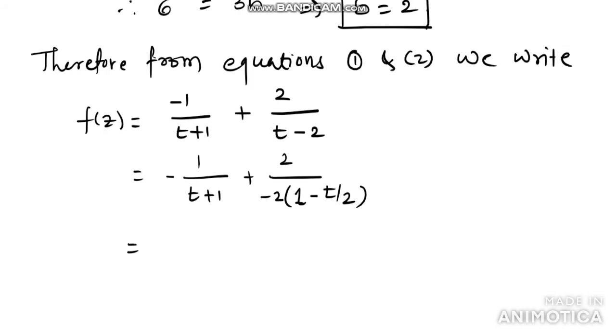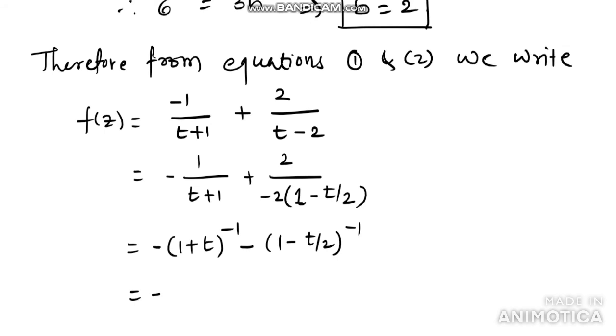Now this is equal to minus 1 plus t raised to minus 1 minus 1 minus t by 2 raised to minus 1.